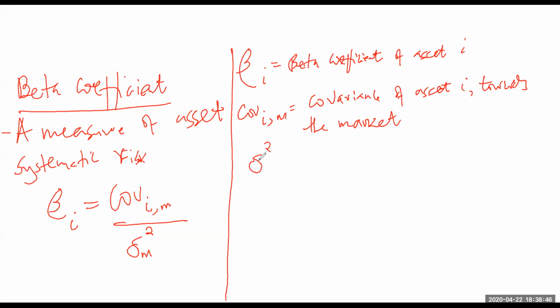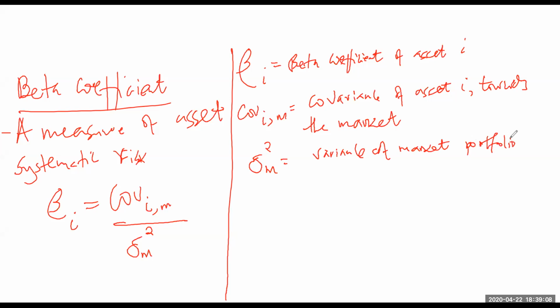Now this is the theta, simply the symbol for the standard deviation. And this is the variance, sorry, not covariance, the variance of the market portfolio.